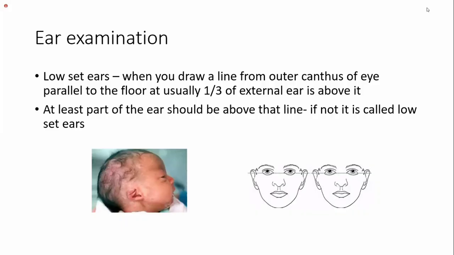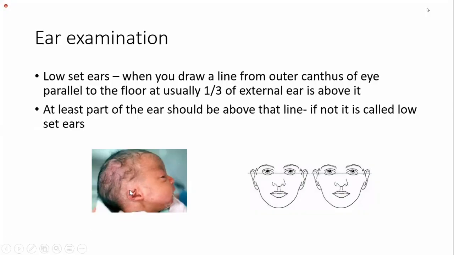Right. And then we move to the ear. When you examine the ear, mainly look for any abnormalities in the external ear. There can be a small pit, a small skin tag. The ear might look abnormal, or be abnormally formed. So observe those things.